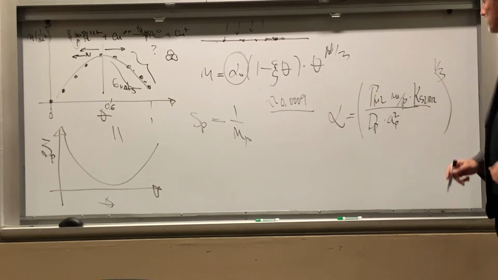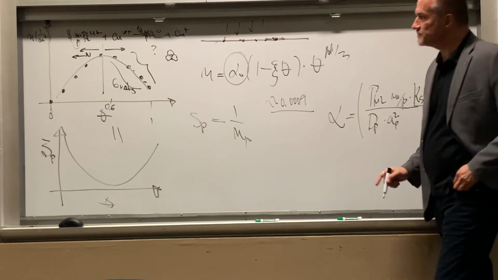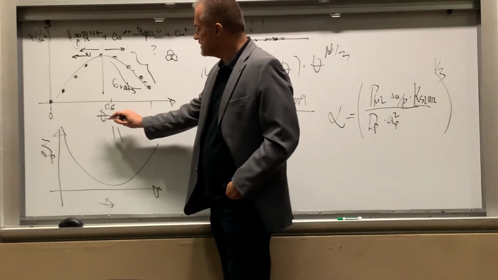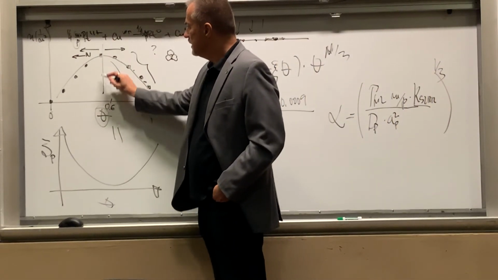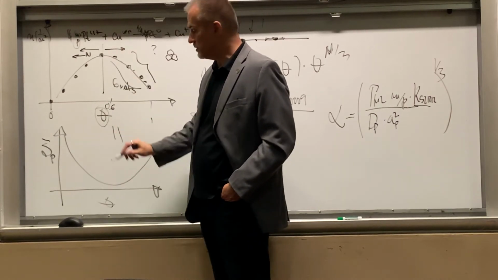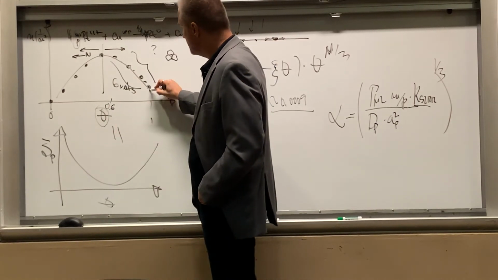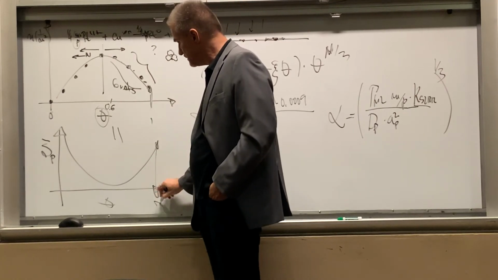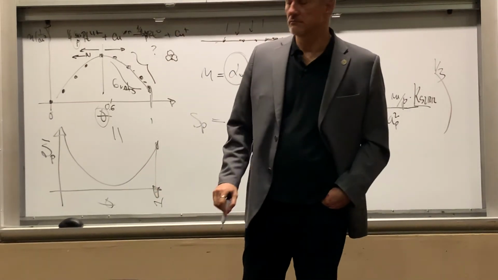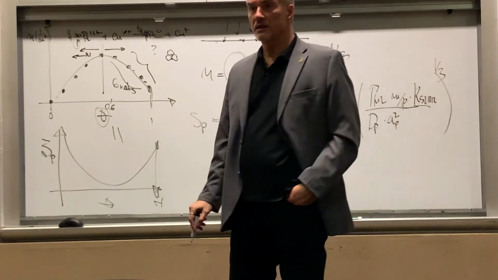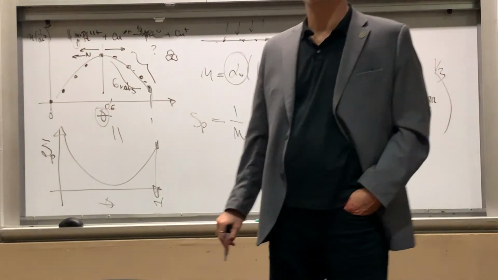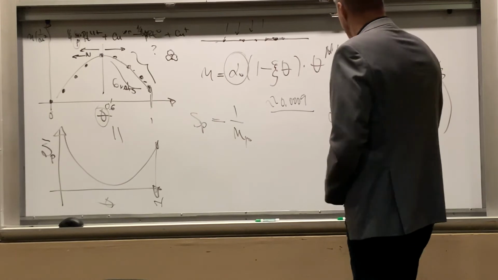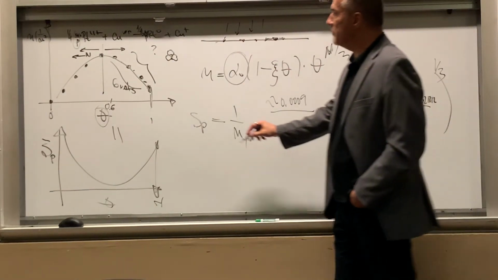But what is really important here, look at this alpha. Let's say I fix my theta, and I'm here, which means this, 1. Can I make the cluster smaller or bigger? Well, if this alpha is big, what happens to this curve?